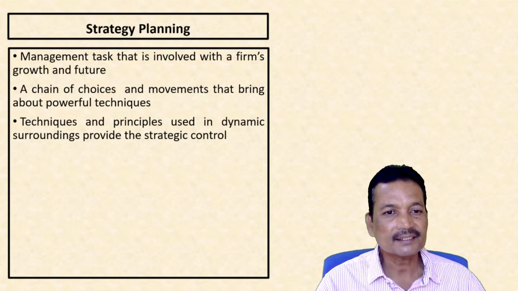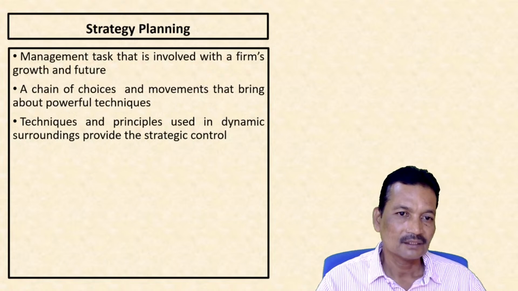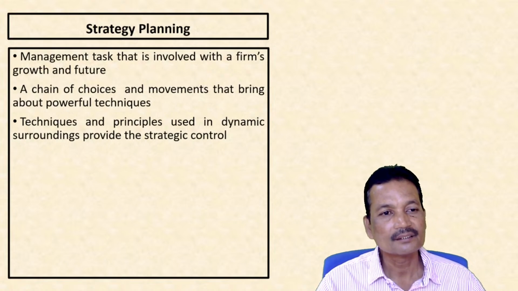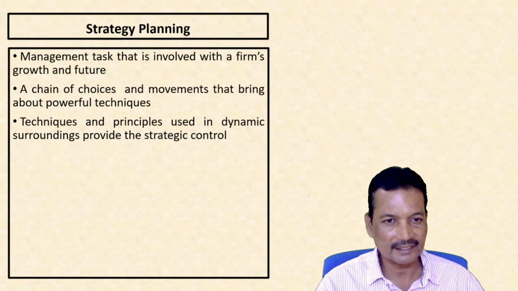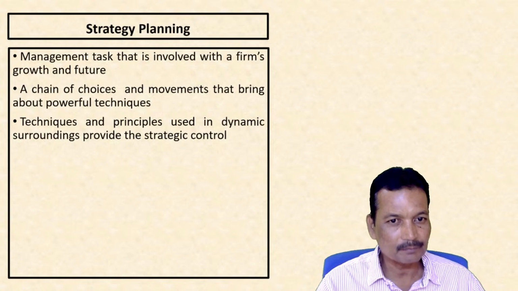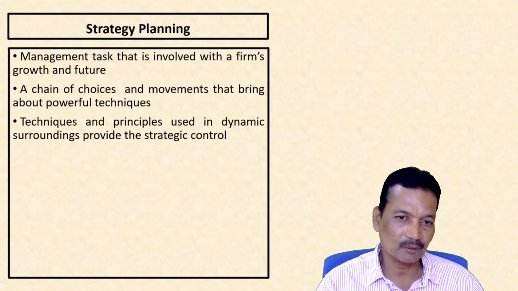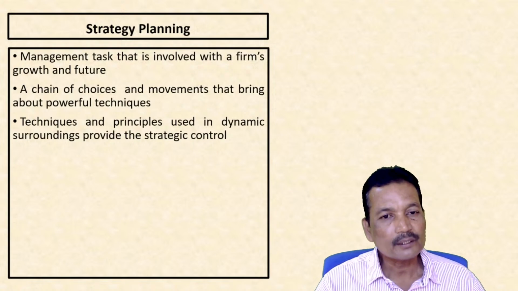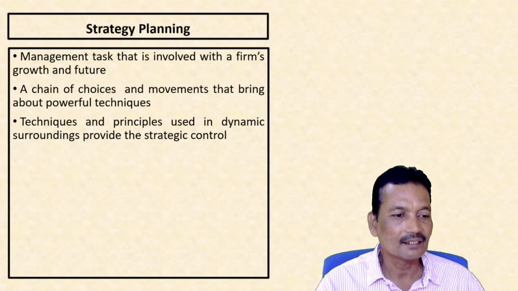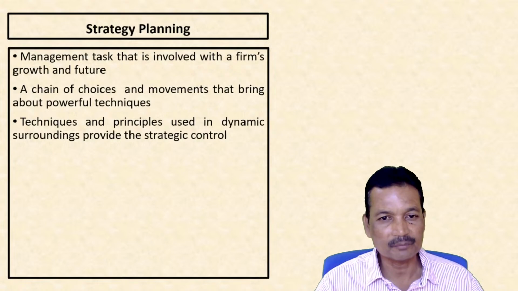So, it is techniques and principles used in dynamic surroundings to provide the strategic control. Now, the plans always try to guide us by providing the techniques or laying down the way to do the work, that means the principles in the dynamic surroundings. That means the changing business environment. So that always we are in control of our activities and they are directed towards achieving the objective of the organization.